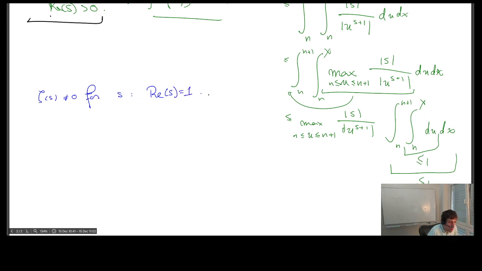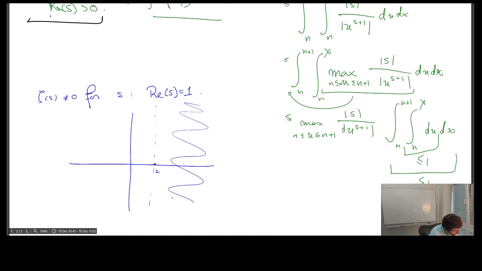So we just showed that we can analytically continue the Riemann zeta function. Let's say that this is 1. We defined it on this side. Now we showed that once I subtract 1 over s minus 1, I can extend it all the way there.